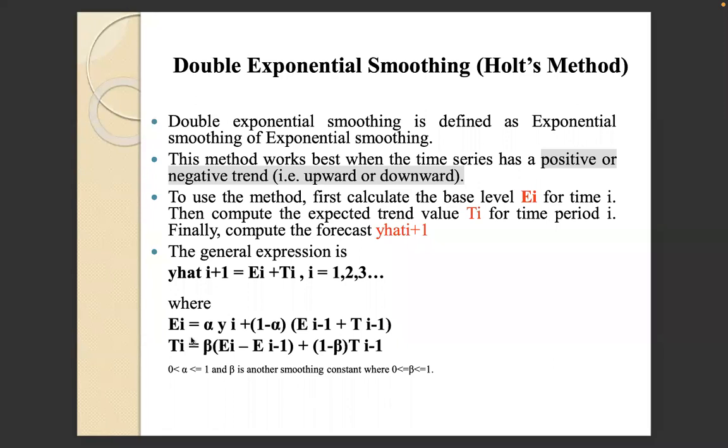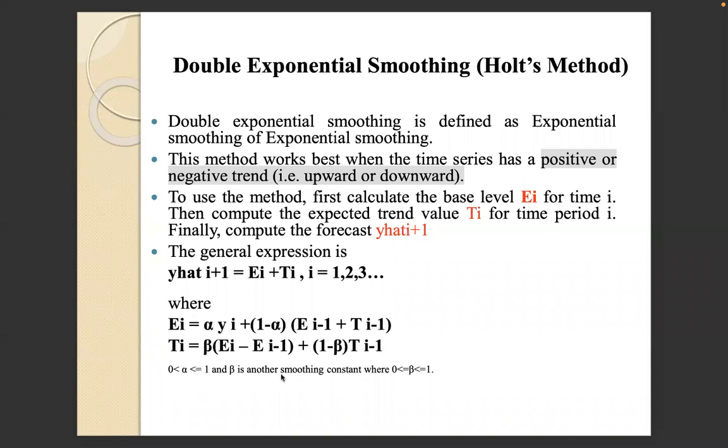E_i, the base value, equals alpha times y_i plus (1 minus alpha) times E_(i-1) plus T_(i-1). The trend we calculate based on beta: T_i equals beta times (E_i minus E_(i-1)) plus (1 minus beta) times T_(i-1).